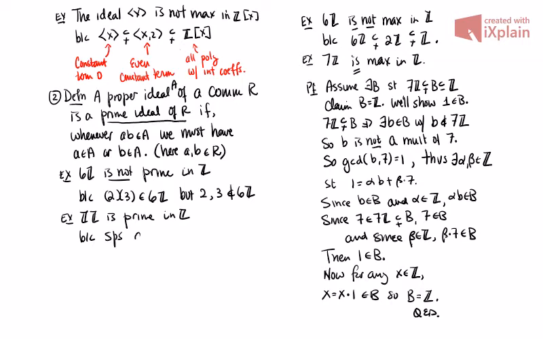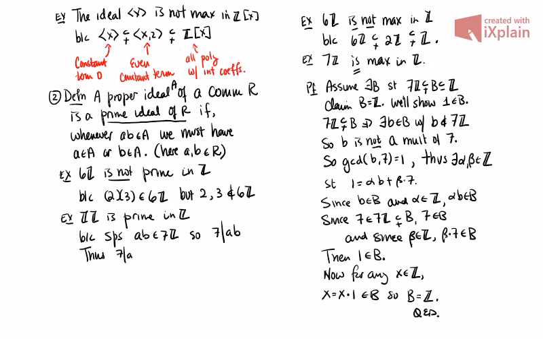Suppose that AB is in 7Z. Oops, that should be a 7. So what that means is that AB is a multiple of 7. So 7 divides AB. Now, it's another fact from number theory that if a prime number divides a product, it must divide one of them.